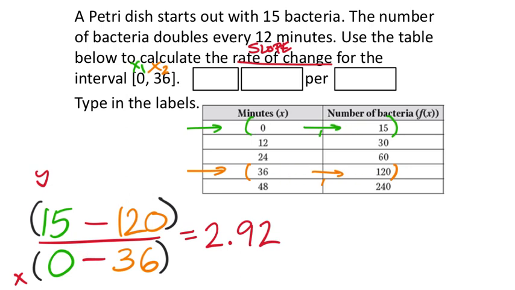So in the boxes, I can now put 2.92 in the first box. The second box is the label of the y-axis, or the y values, which in this case is bacteria. You wouldn't want to type number of bacteria. 2.92 number of bacteria just sounds weird. So I would type in bacteria here.